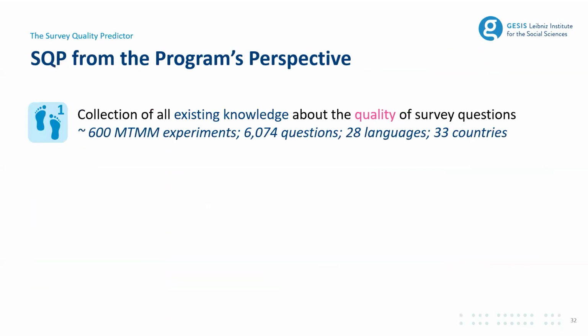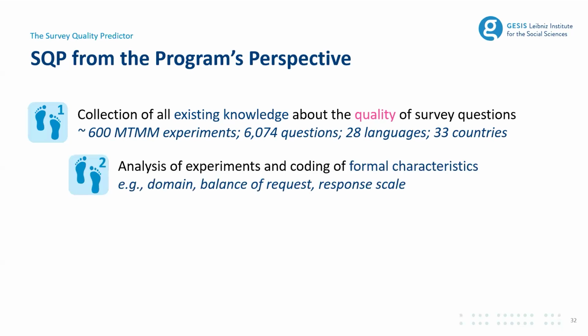Okay, so from the program's perspective, SQP works the following way, or was developed in the following way. First of all, the existing knowledge about the quality of survey questions or survey items was collected, which are all these MTMM experiments. Here you see also now that maybe 600 MTMM experiments doesn't sound like so much, but it actually equals up to more than 6,000 questions or 6,000 survey items.